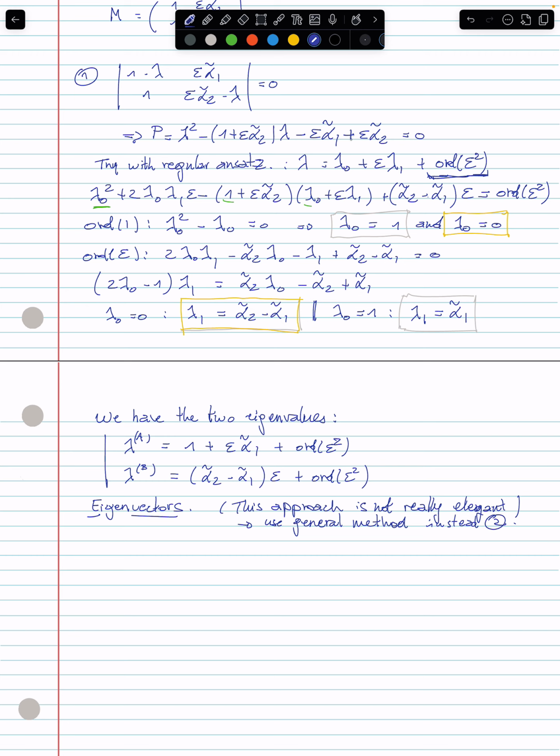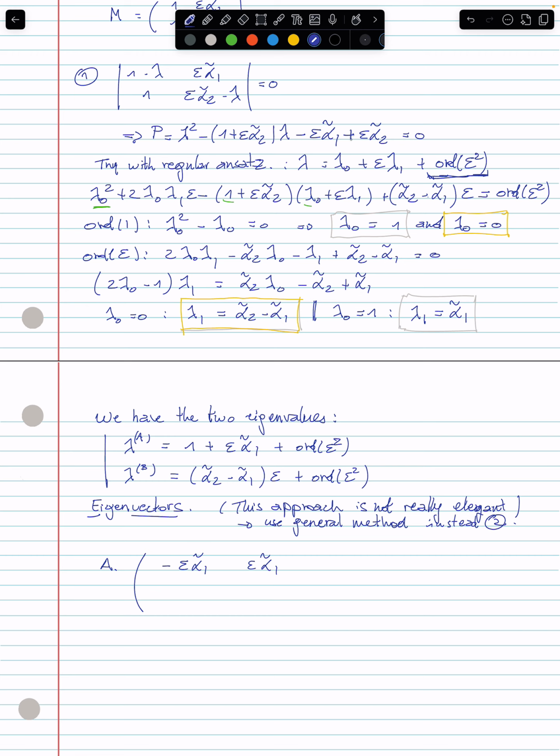All right, so let's consider first lambda A. So the problem we want to solve is 1 minus lambda A. So that's 1 minus 1 minus epsilon alpha 1 tilde. We have epsilon alpha 1 tilde.